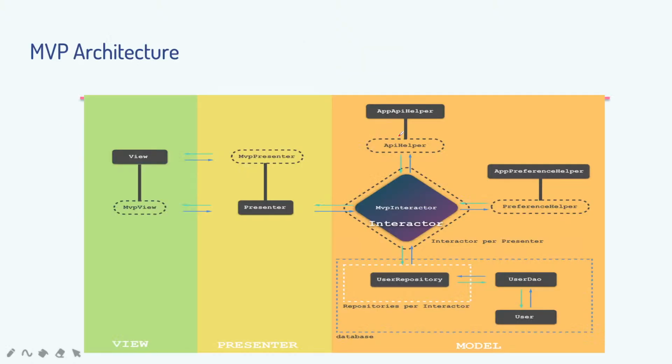Okay, the next one, MVP. Before we go to MVP, you need to know what is model view. We have different types: model view architecture, model view controller, model view presenter. Why are we using these?